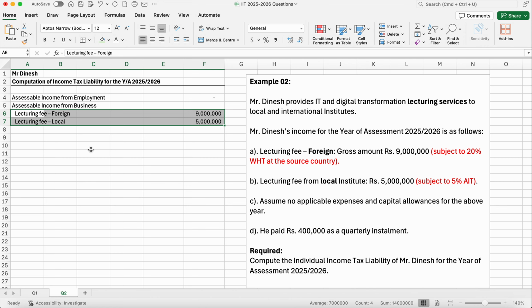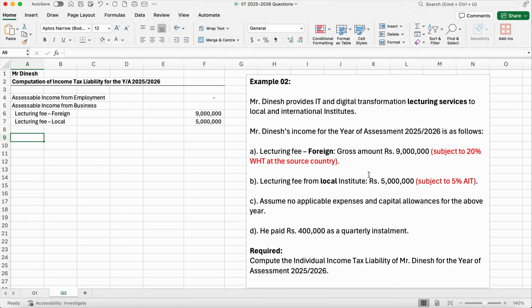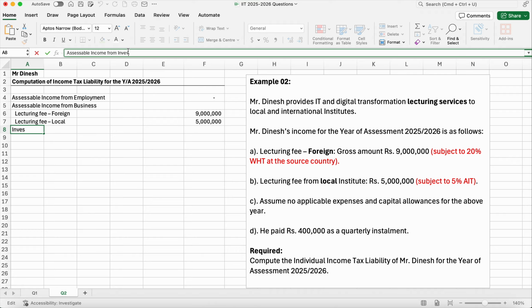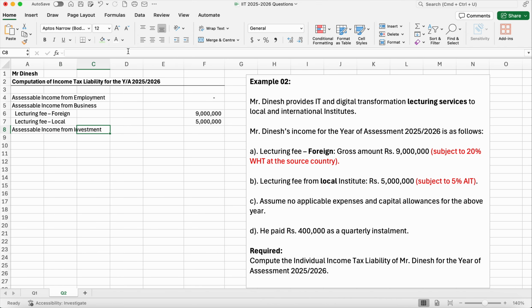Then the assessable income from investment: nothing, we don't have any. Usually interest income will come here, but in this scenario we don't have it.